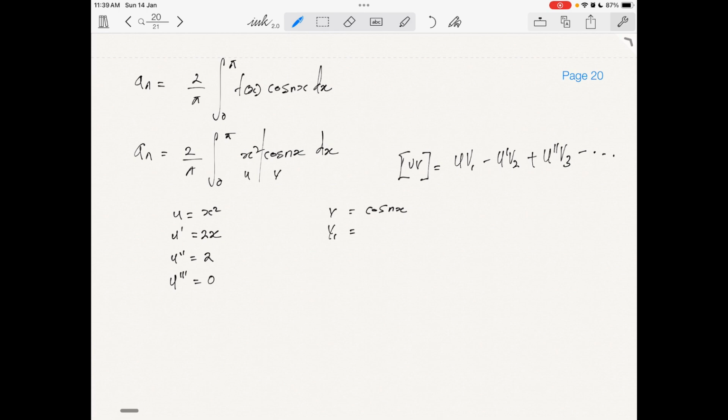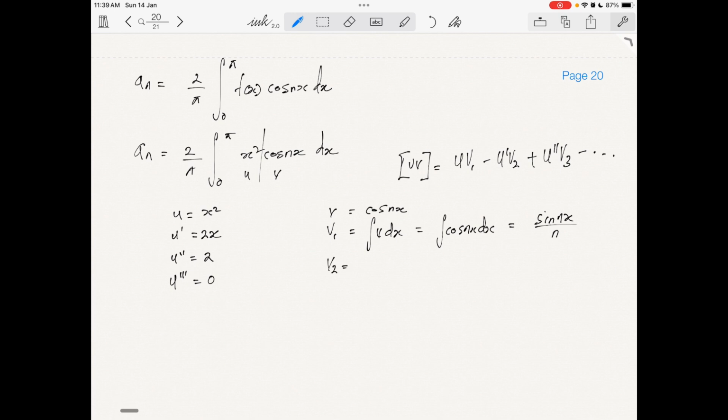So henceforth our v1 is equal to the integral of v dx, and the integral of v, that's cos nx dx, gives us sine nx over n.